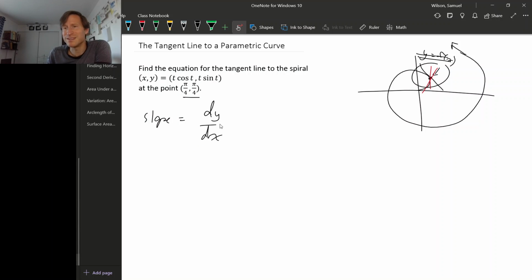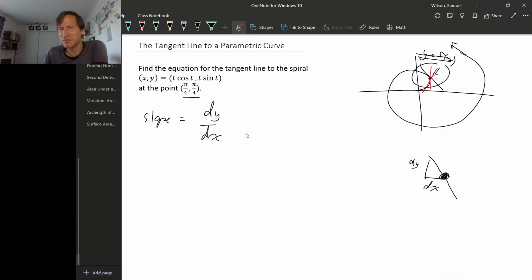Because remember, if we zoom in on the part of the graph near the point we're interested in, dy is some small vertical displacement away from this point, and dx is some small horizontal displacement, and the ratio of these is the slope. The fact that these displacements came from a parametric curve instead of from a graph doesn't really matter.